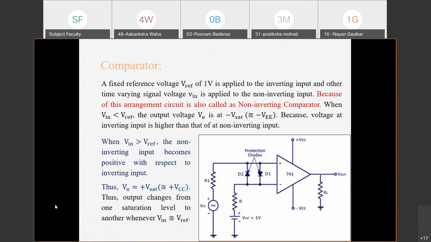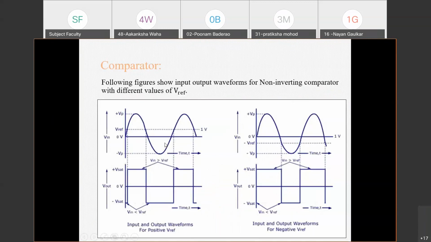Okay, so just one final diagram is remaining, then we will conclude our session. There are two diagrams. In the first diagram, V reference is positive and it is taken as 1 volt.